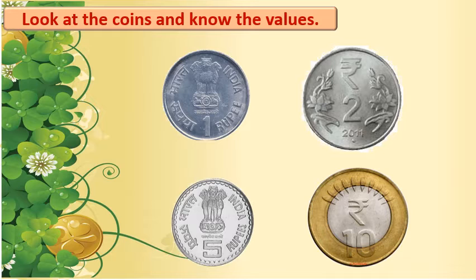Correct? Earlier we used 50 paisa coin, 25 paisa coin, but nowadays 1 rupee is the lowest denomination that we are using. Right? You are familiar with all these coins, isn't it? Now we will proceed further.